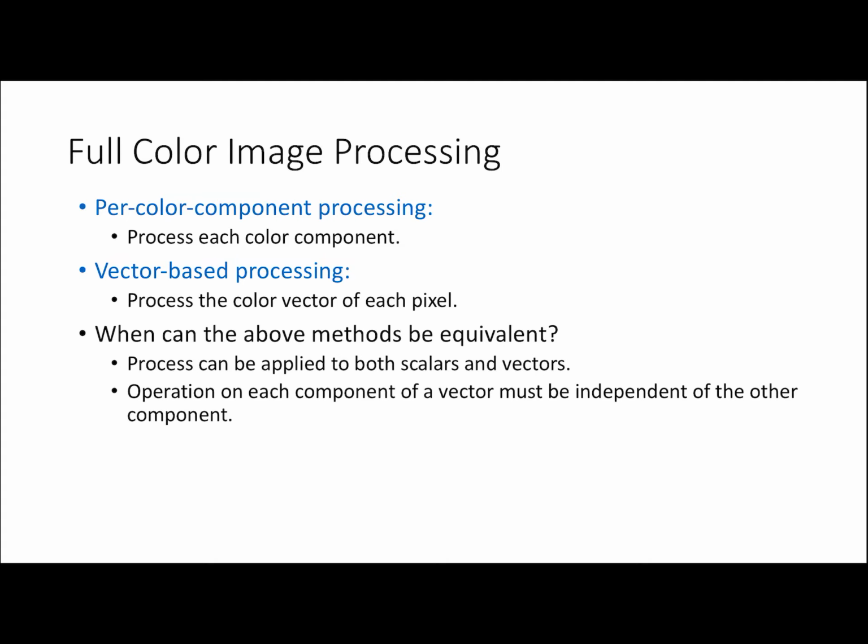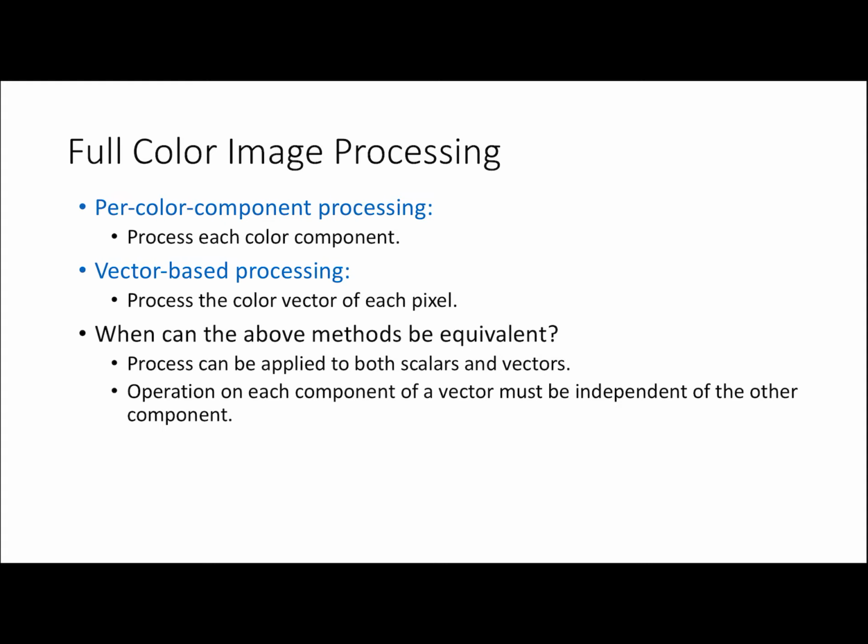As we have said, unlike pseudo color techniques, in full color image processing we will consider the actual colors present in the colored image, which can be specified in different color models. Now we have two categories of color image processing.